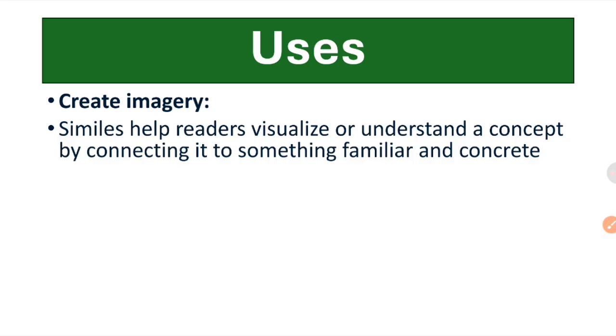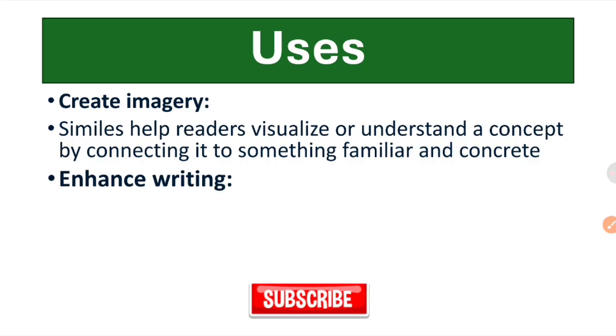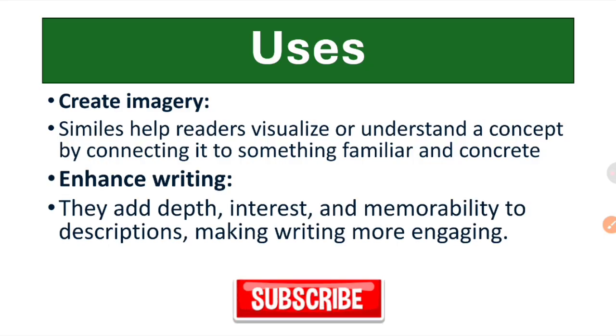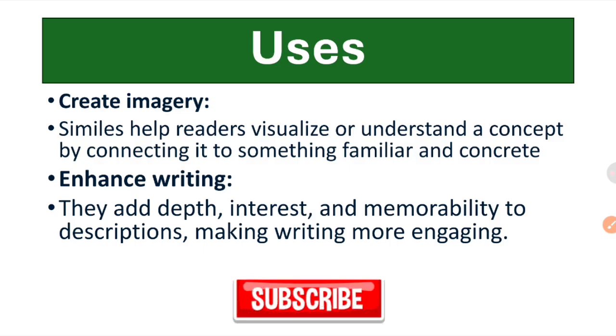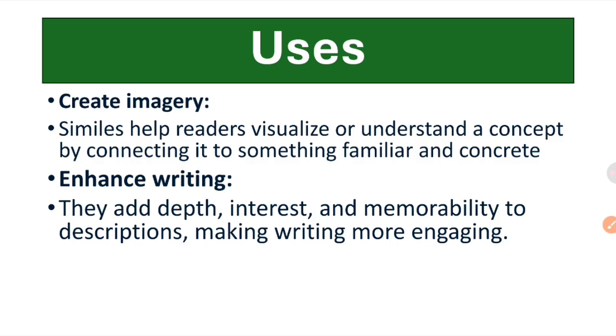That's why we use simile, and it enhances writing. So they add depth, interest and memorability to descriptions, making writing more engaging. As I told you, they beautify our language. Like you can remember this thing. Suppose I say that she is as light as feather.